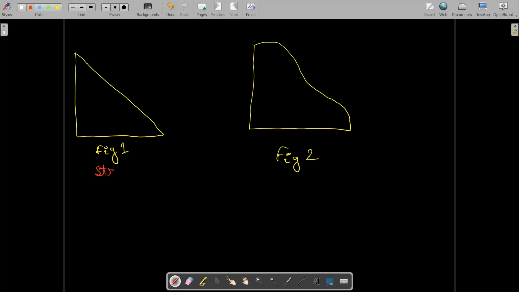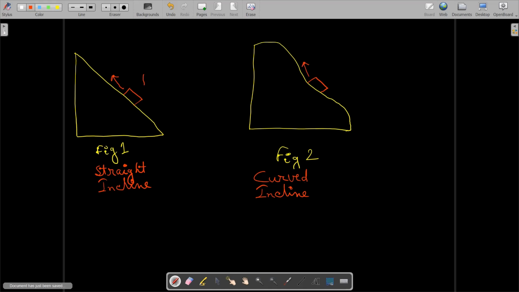I will write here straight incline, and here curved incline. A load on the straight incline goes upwards when pushed. A load on the curved incline also goes upwards when pushed. Assume that both loads are equivalent.